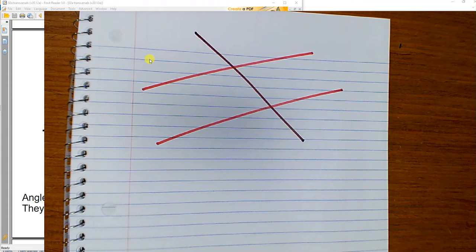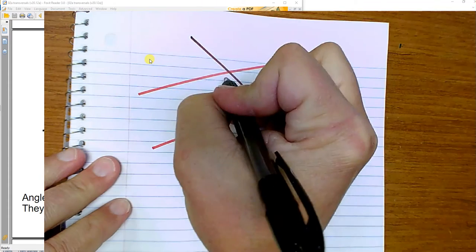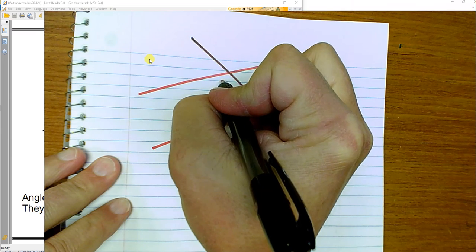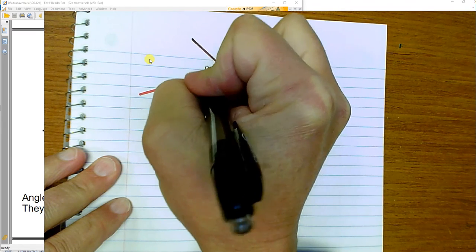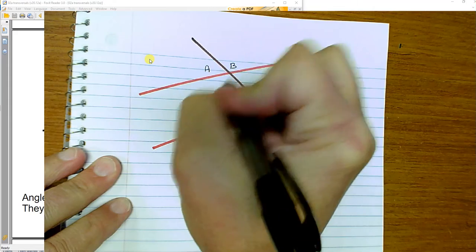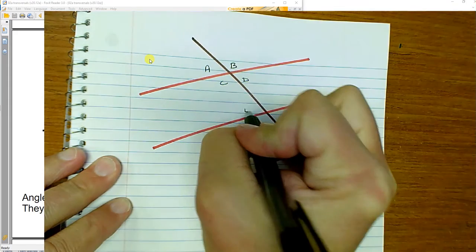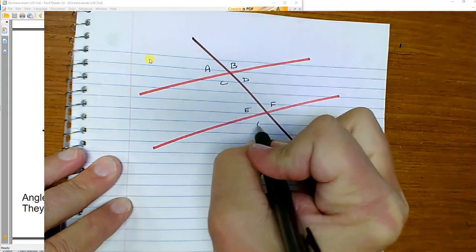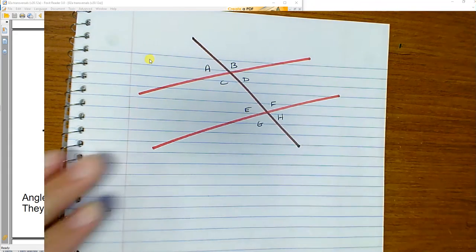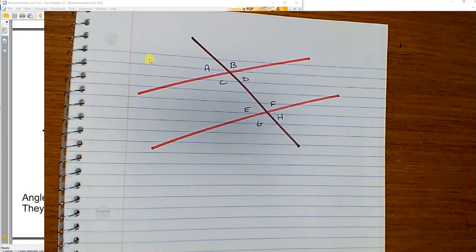Everybody on the inside here, so ready? A, B, C, D, E, F, G, H. Okay, you see all those guys on the inside? C, D, E, and F?